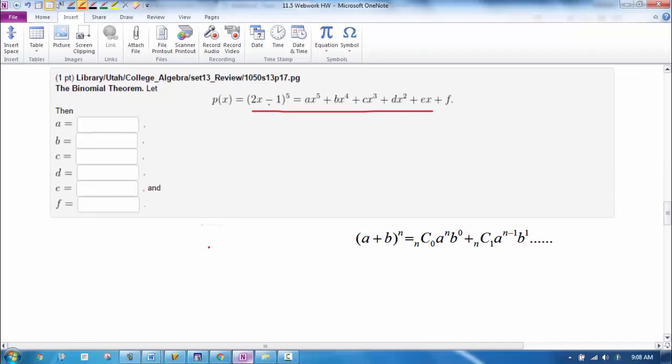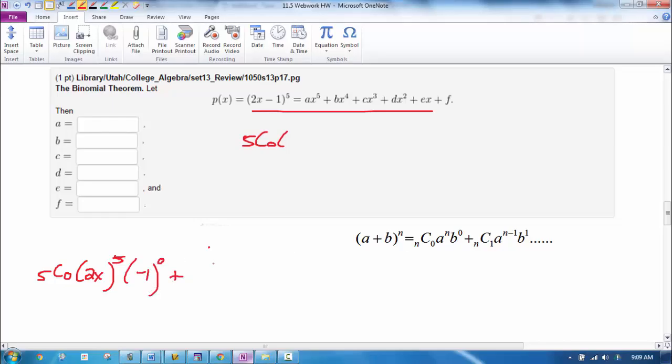So it wants us to do the whole expansion using the formula. So once again, the formula is right here. If you fill this out, this is going to be 5, so it's going to be 5C0. And I'm going to actually start writing this way down here so I have room. So it's 5C0, and then the first term a is 2x, so it'd be 2x to the nth power, which is the 5th power, and the next one is negative 1, and that's to the 0th power.